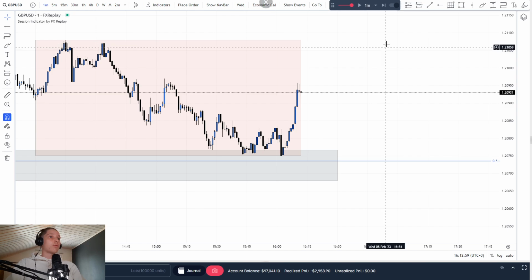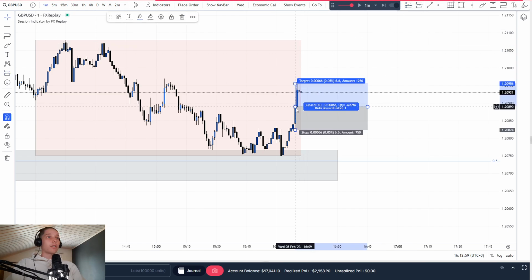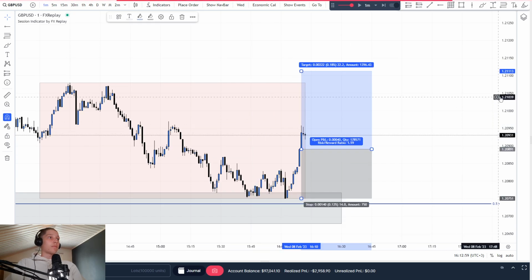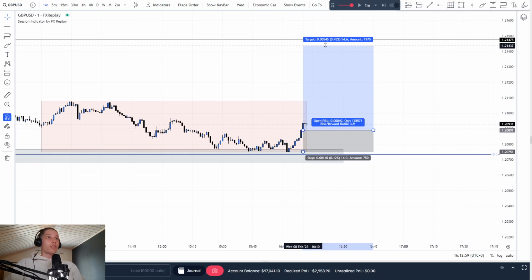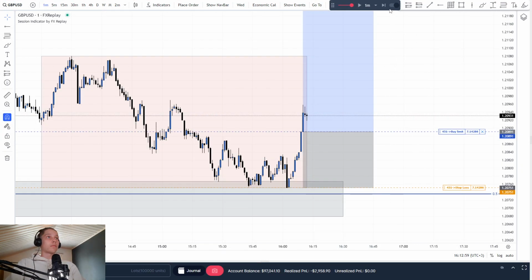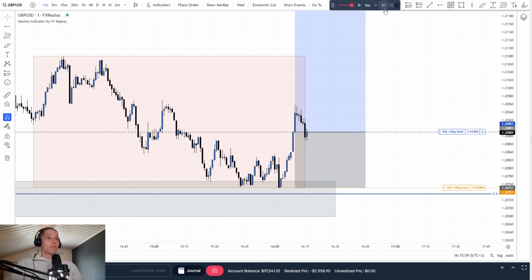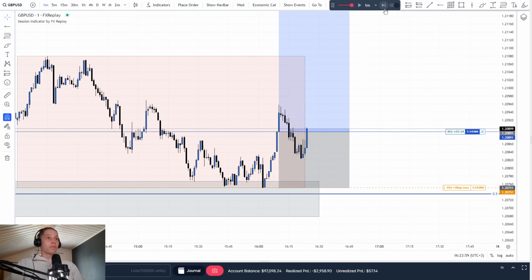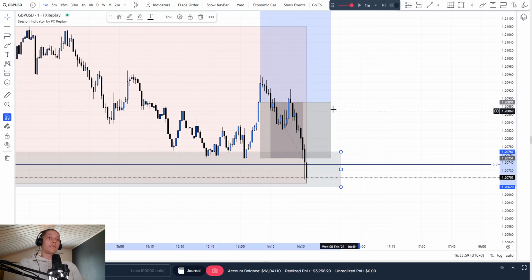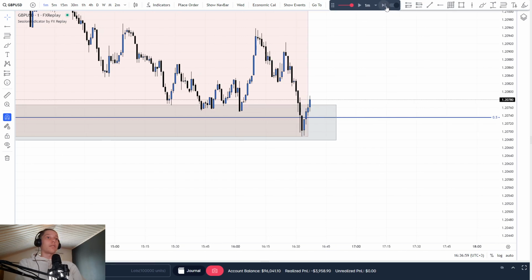M1 could offer a buy, trying to catch a swing towards that high. Okay, now we are in the equilibrium.